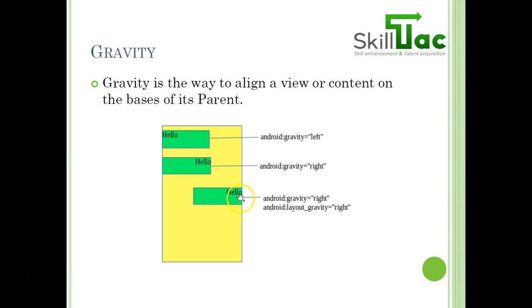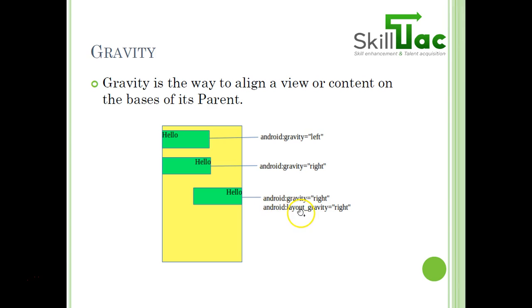So if you see this third example here, this third view here, you notice that the view and the content inside the view are both aligned towards the right of the parent. So the parent is the yellow area here. So both the content inside the view and the view itself are aligned towards the right. So this was the value that we had used here for aligning the content, gravity equal to right.